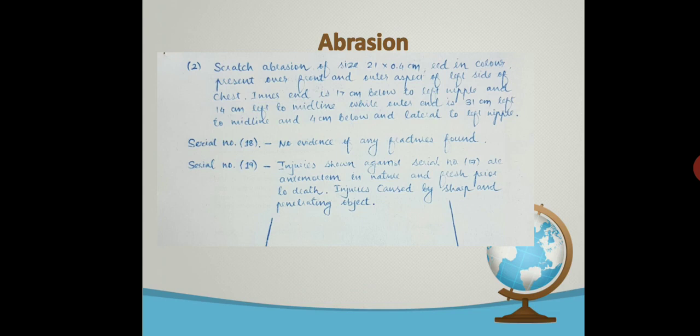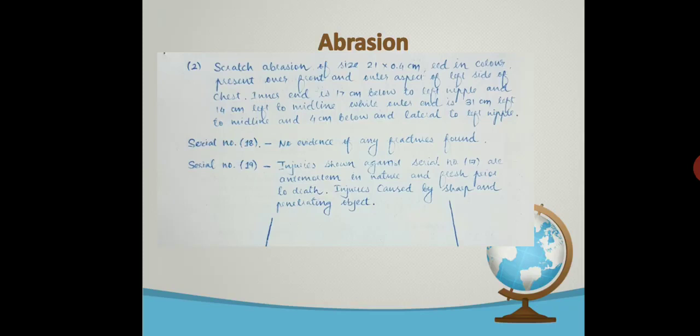If you find an abrasion, then what should you write down? You have to write down the type. The type is a scratch abrasion. Then the size, 21 by 0.4 centimeter. Then color, that is red in color. Present over which side? The front and outer aspect of the left side of the chest.